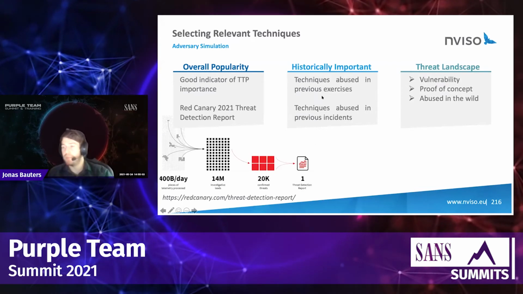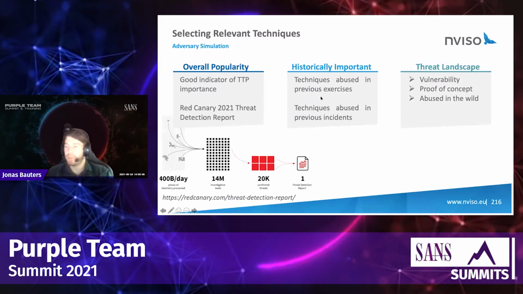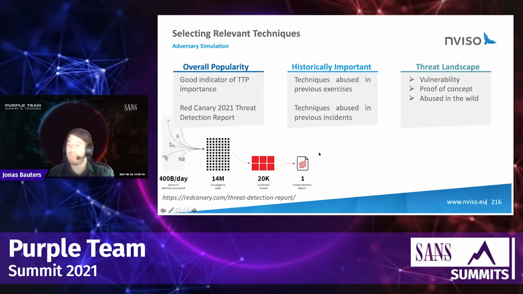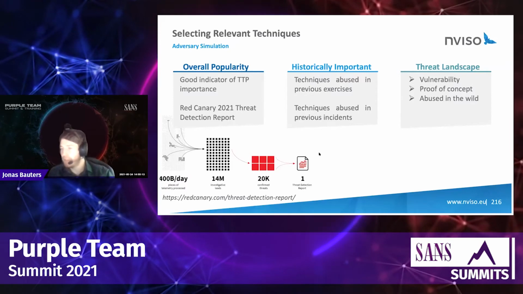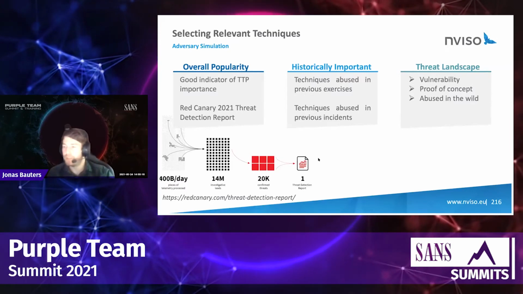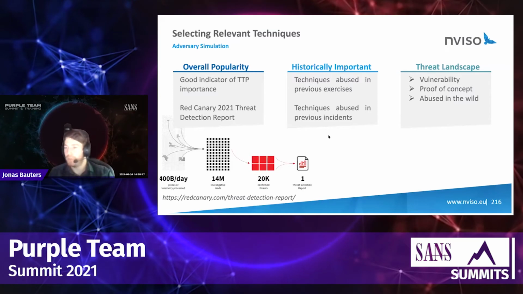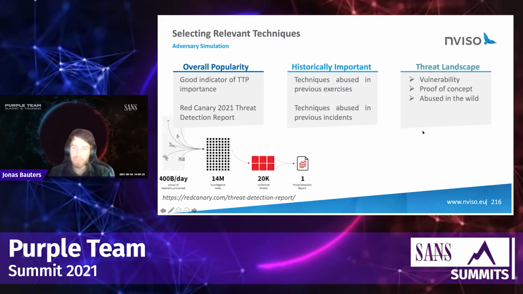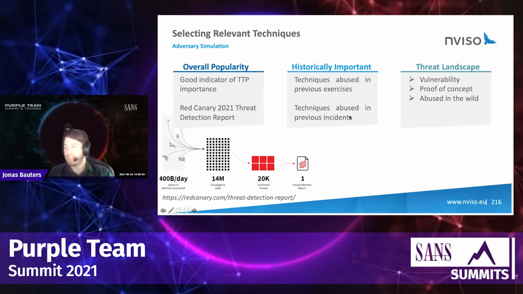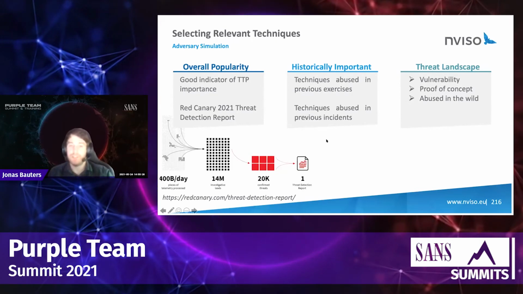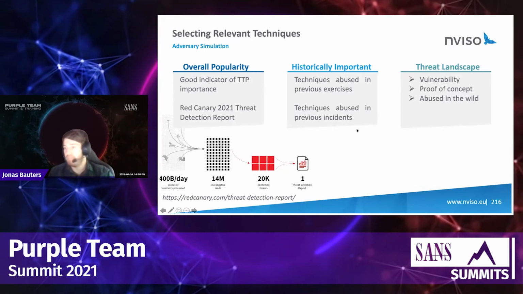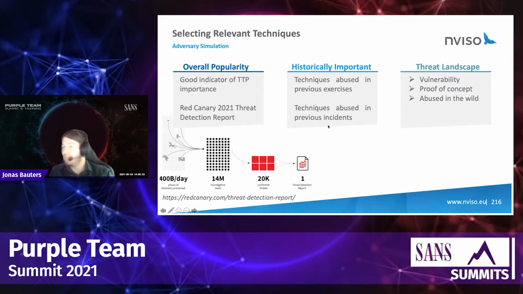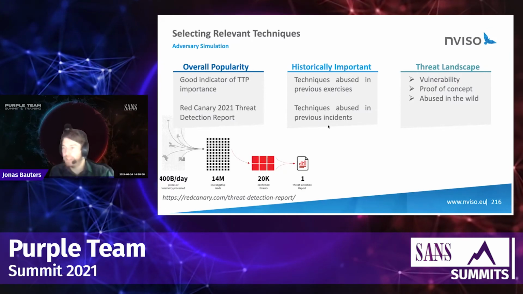To give you an example there, if you have done a red team exercise where you saw that the red team used techniques ABC and you weren't able to detect them then, or they could use them to advance their kill chain, then it can be interesting to include those techniques in your purple team exercise. Similar to that, techniques that have been abused in incidents in your company, those could be interesting to include to make sure that you can detect them in the future if you haven't in the previous incident.